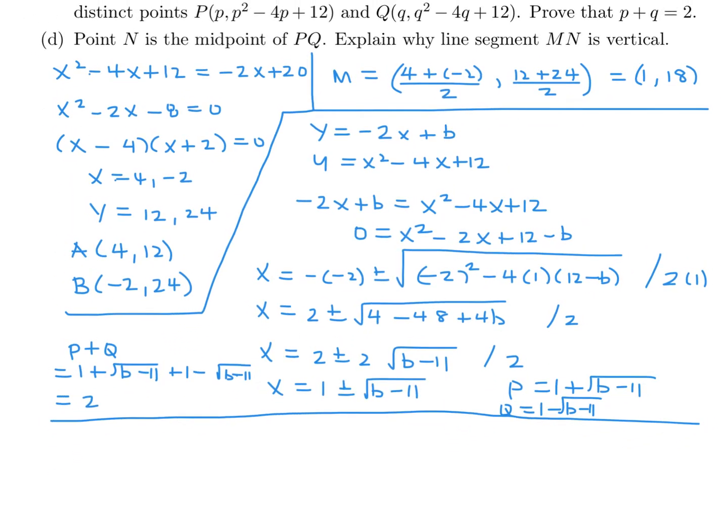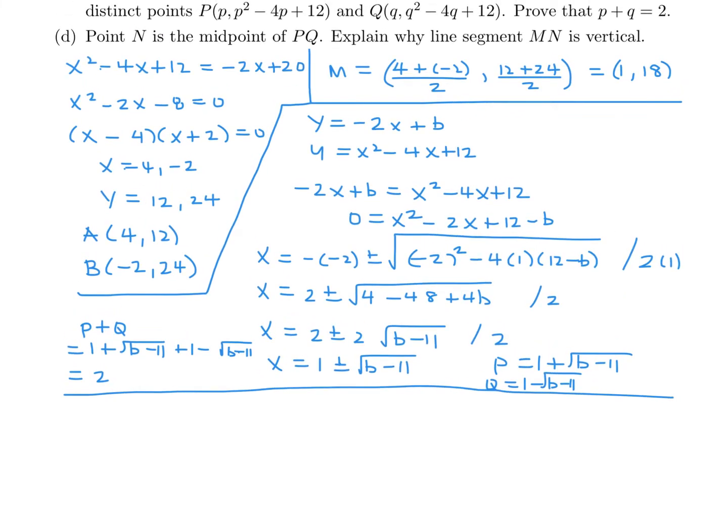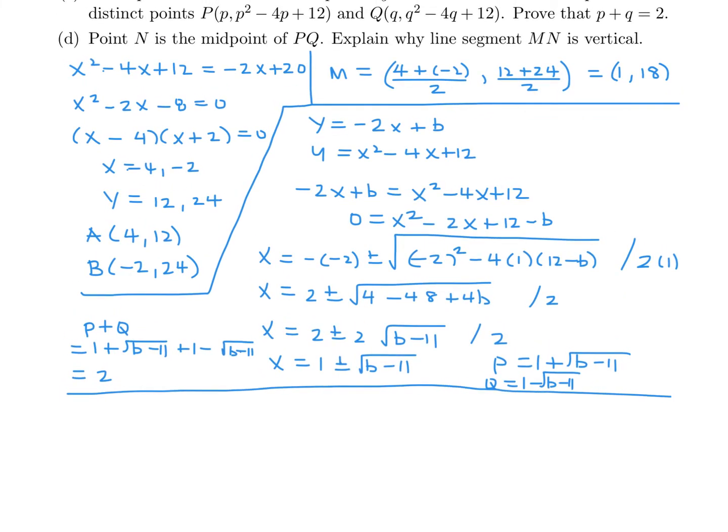So we have to show that N, which is the midpoint, and then MN is vertical. First of all, we have to figure out the midpoint. N is the midpoint. So using the midpoint formula, P plus Q over 2, and then P squared minus 4P plus 12 plus Q squared minus 4Q plus 12, all over 2.